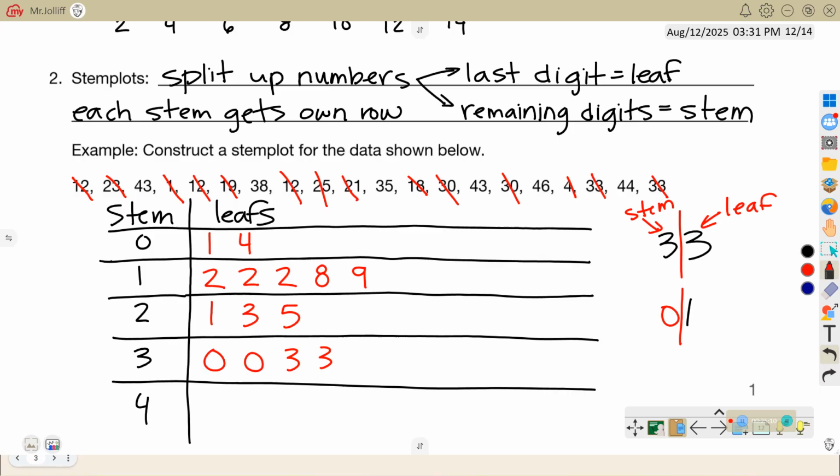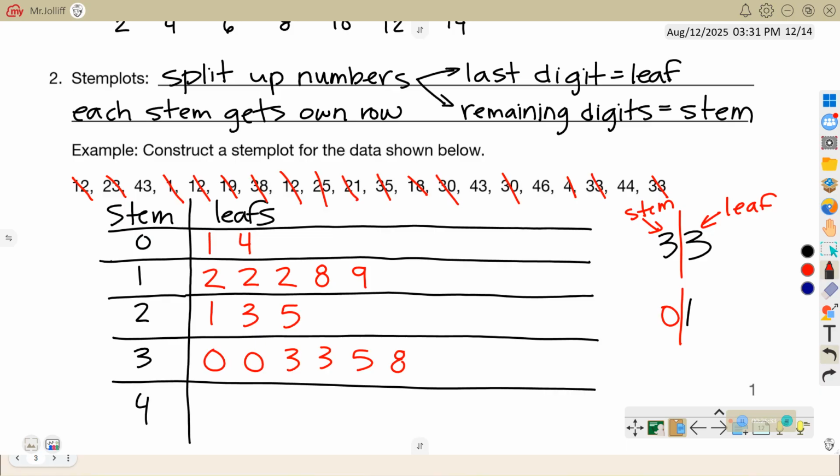Good. 30, 35. I think that's it. No, 38. Yeah. 8. That's it.